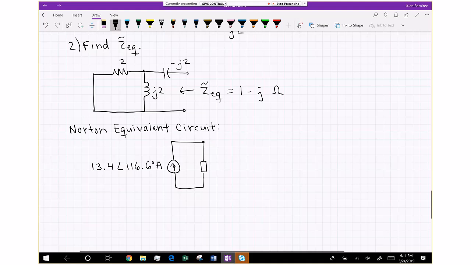In parallel, we'll connect the Norton impedance. That's the difference between the Norton equivalent circuit and Thevenin: Norton has a current source, and in parallel it has that equivalent impedance. Thevenin had a voltage source, and in series it had that equivalent impedance. And then we connect it again to that 2 ohm load.